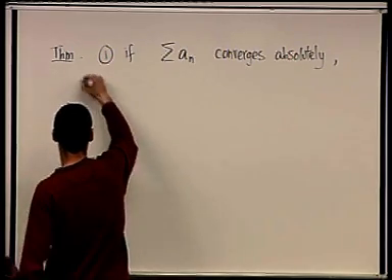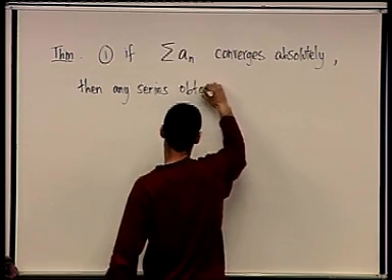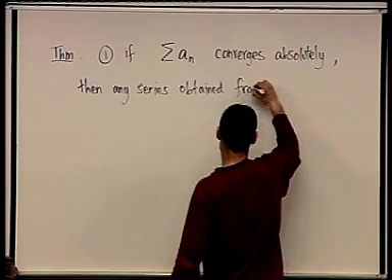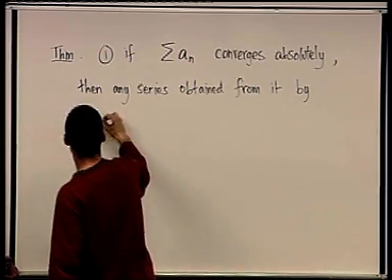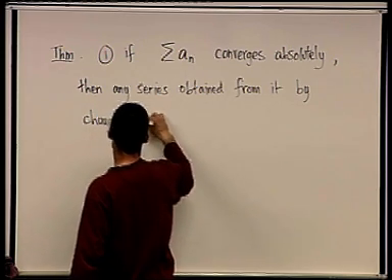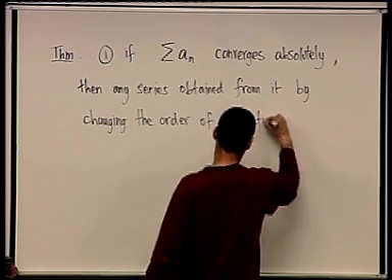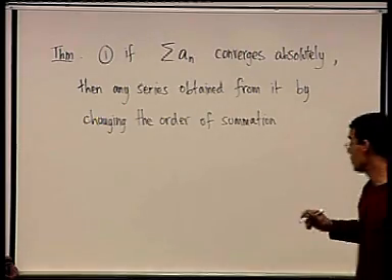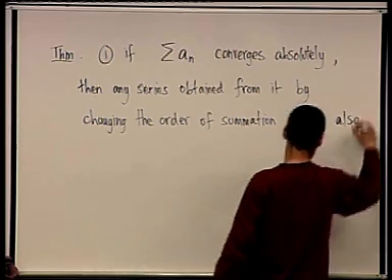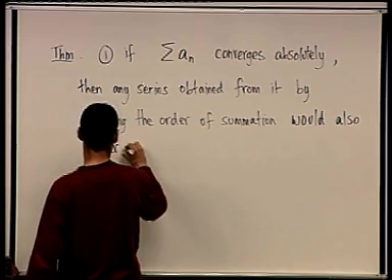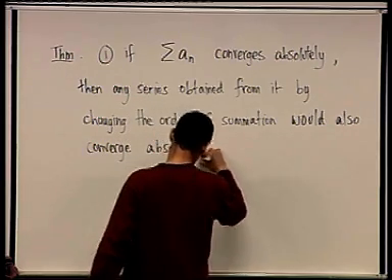But if it were the case, then any series obtained from it by changing the order of summation, so just summing them up in a different order, whatever order you want, would also converge absolutely to the same sum.